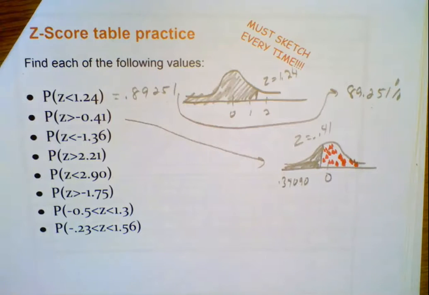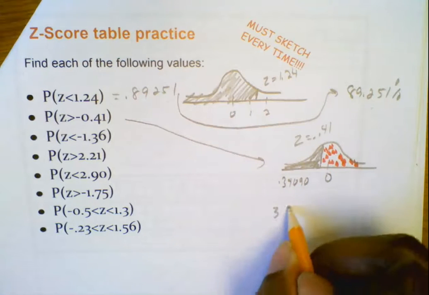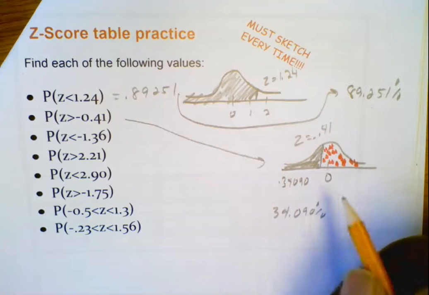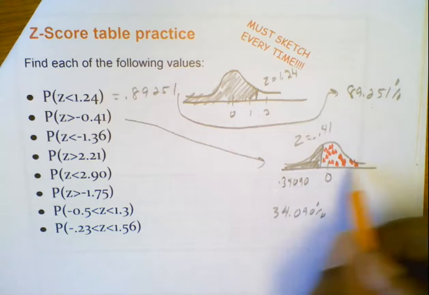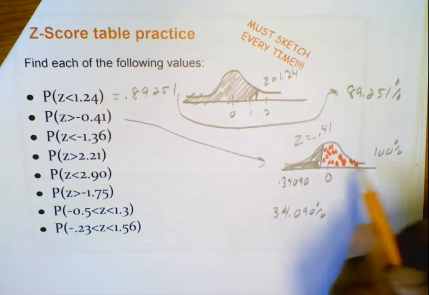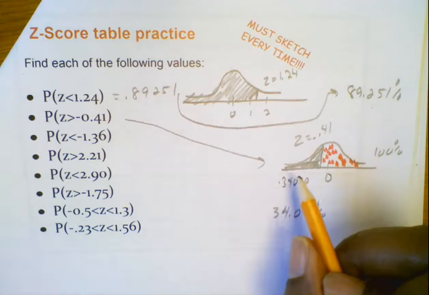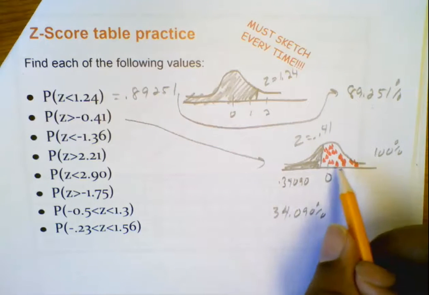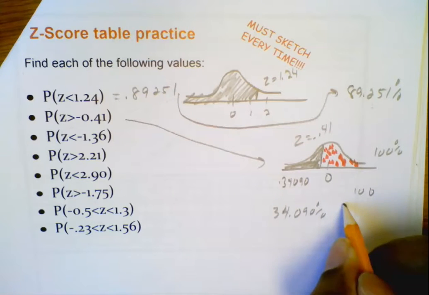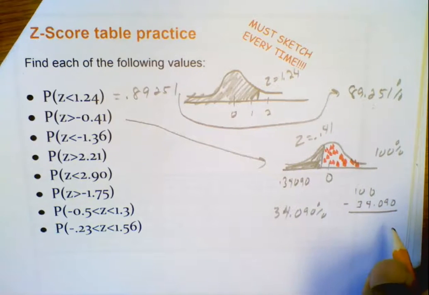So two ways to think about this. Let's think about this as a percent. That's 34.090%. On this whole curve, you have 100%. If this whole curve gives you 100%, and this part gives you 34%, you want to figure out what's left on this side, right? Well, you probably just take 100 and take away 34.090. You'd be right.